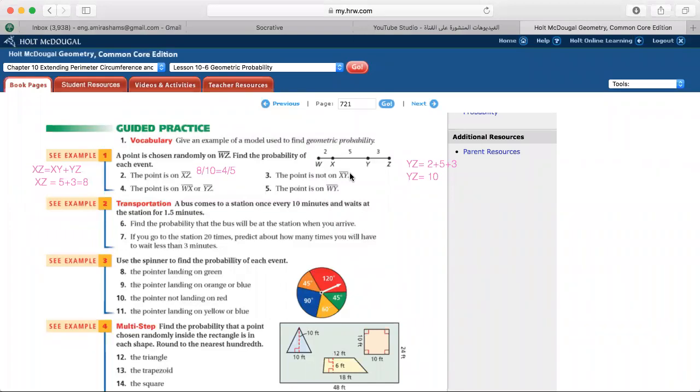So I will exclude XY and take WX and YZ. WX plus YZ equals 2 plus 3 equals 5.